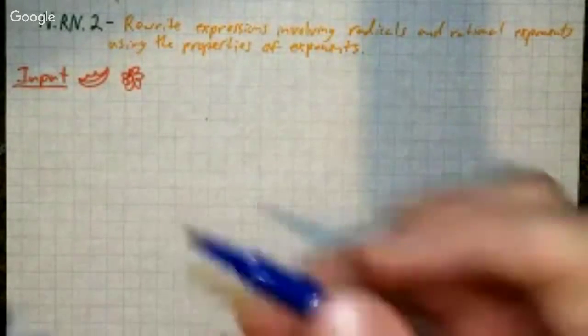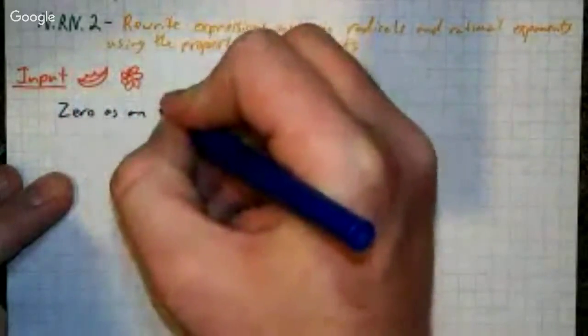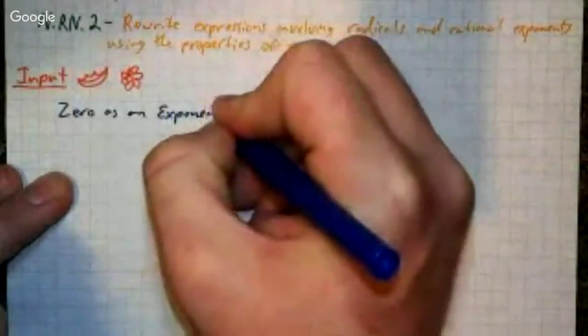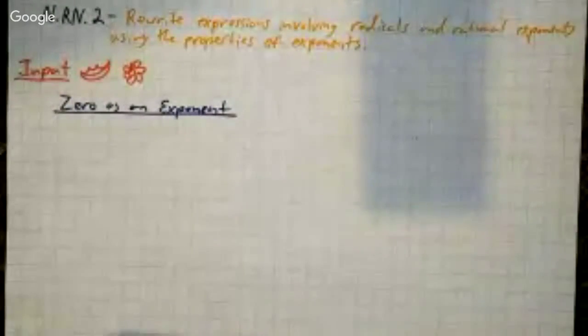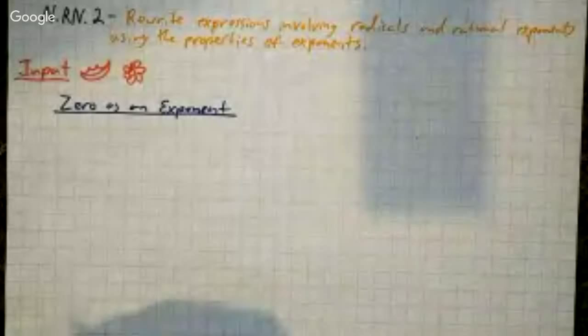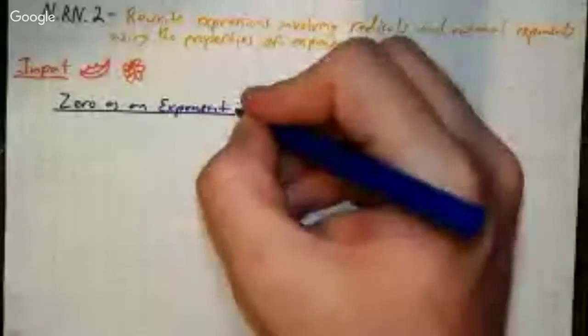The first one is 0 as an exponent. When you have 0 as an exponent, what does that mean?